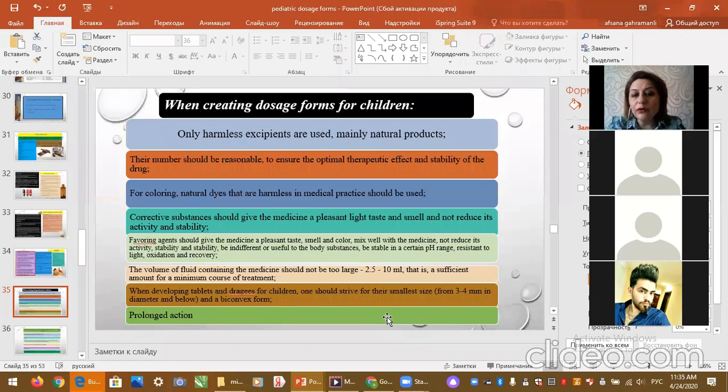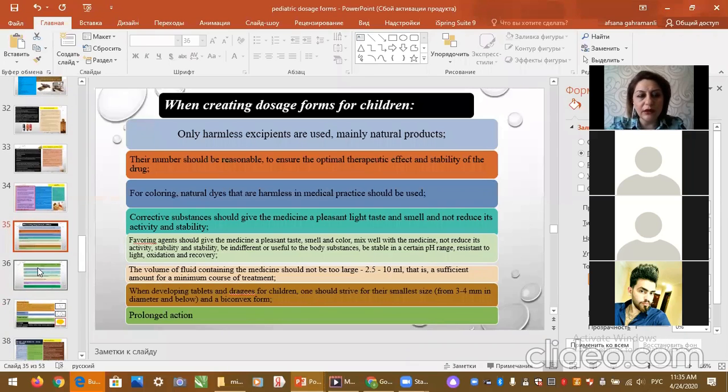The volume of fluid containing the medicine should not be too large, 2.5 to 10 ml, a sufficient amount for a minimum course of treatment. When developing tablets or dragees for children, one should strive for the smallest size, from 3 to 4 millimeters in diameter and below, and convex form, and of course prolonged action.